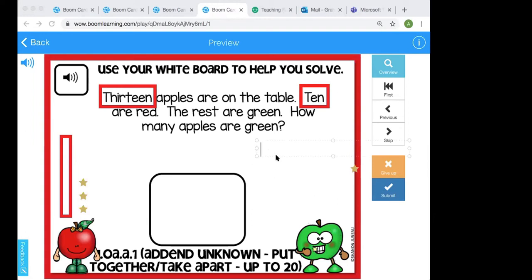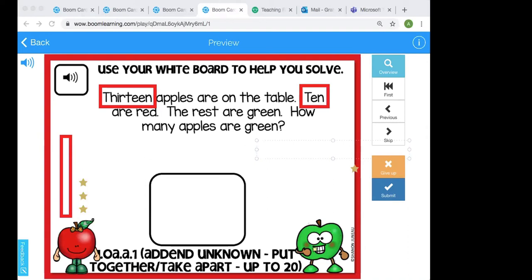Now, when we do subtraction, we know that means to take away, take away, take away. Now, how many do we need to take away to figure out how many apples are green? It looks like if we had 13 apples and 10 are red, we need to take 10 away to find out how many are left, are green.